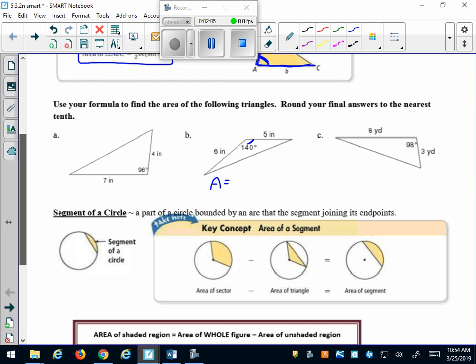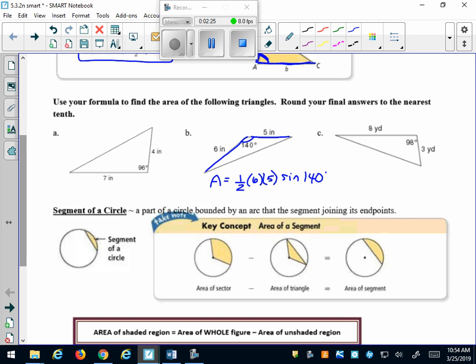We know this angle, so we have an SAS situation, so we know we can use that formula. 1/2 times 6 times 5 times the sine of 140. So 1/2 of 30 is 15.